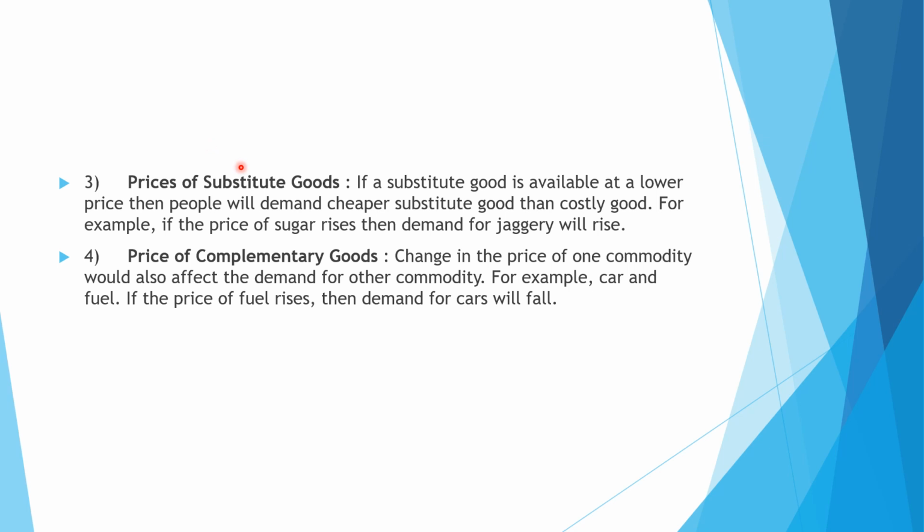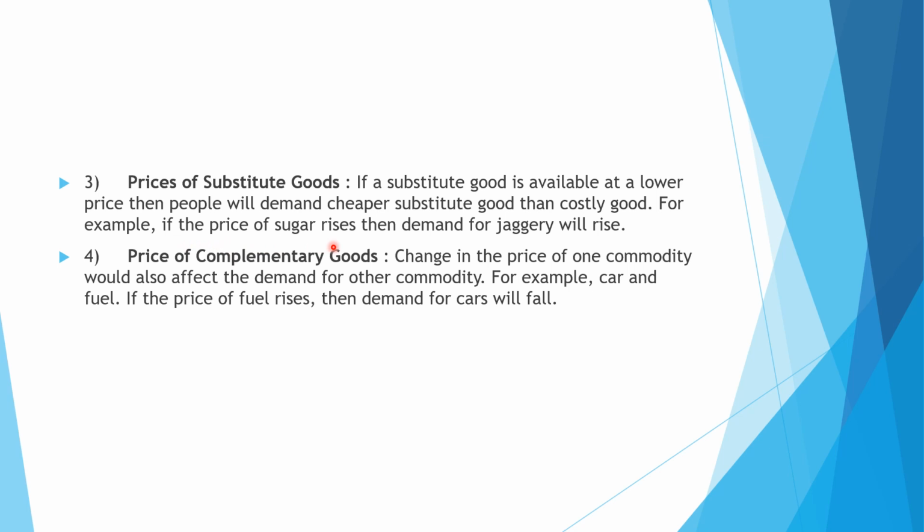Because of the increase in price of one commodity, there is an increase in demand for the other commodity. If a substitute good is available at a lower price, then people will demand cheaper substitute goods rather than costly goods. So if the Coke price is 50 or 60 rupees, then I will tend to buy the cheaper one, the Pepsi, which is for 30 rupees, 35 rupees.